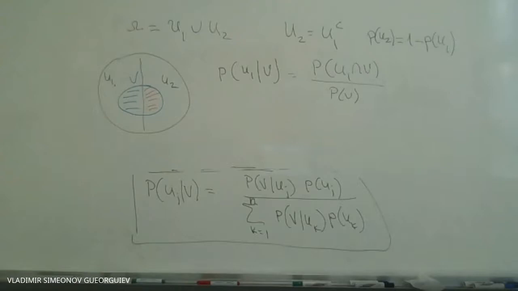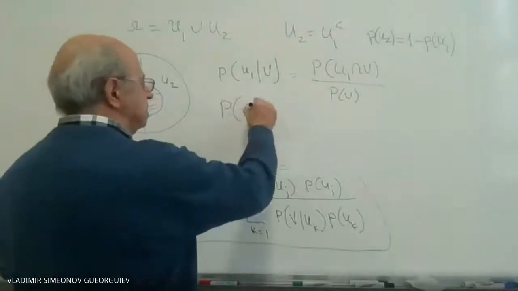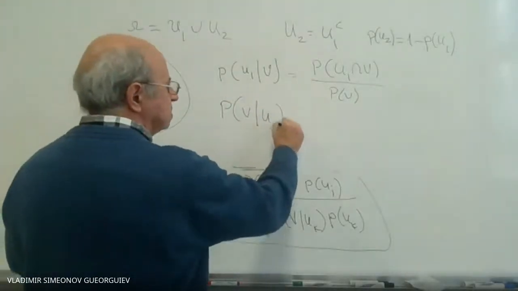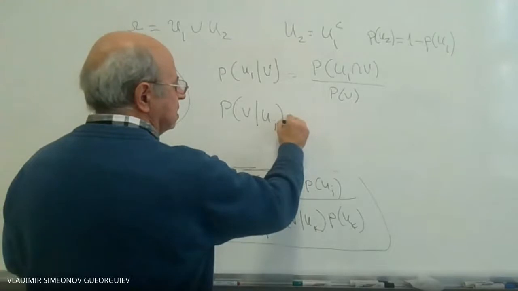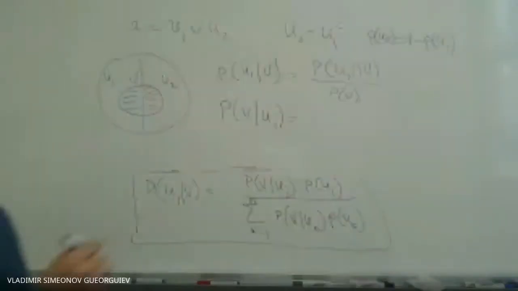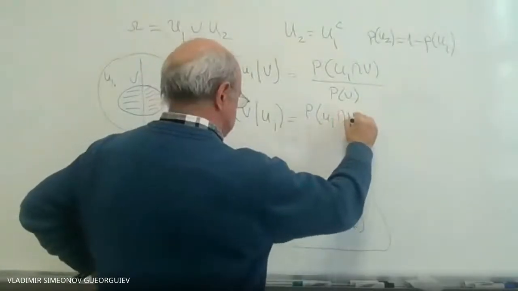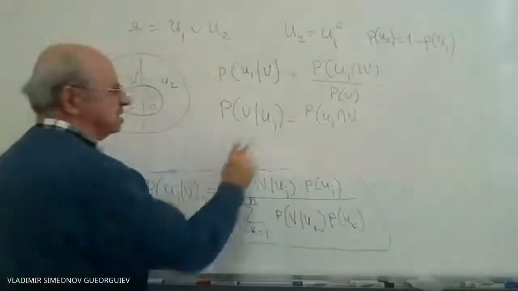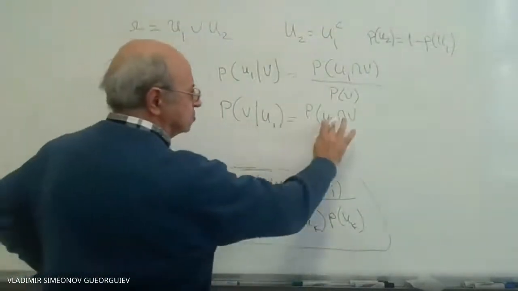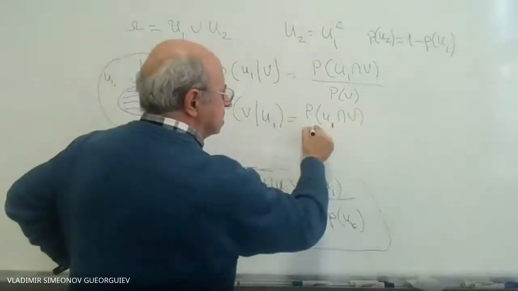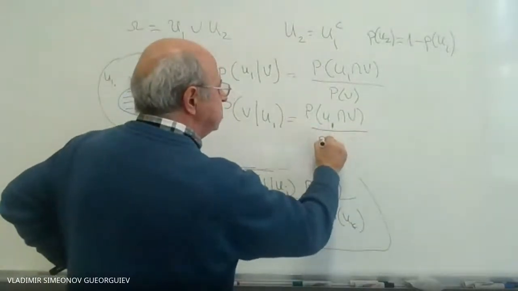When we take our definition of P of V given Uj, let us recall what the definition was. This was P of Uj intersected with V, but our j is 1, so we don't care here, divided by P1.